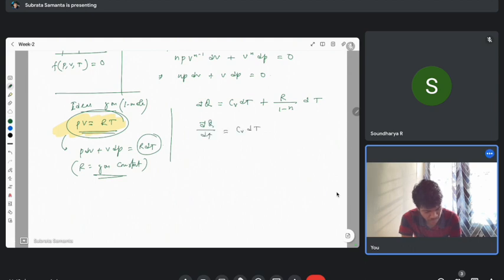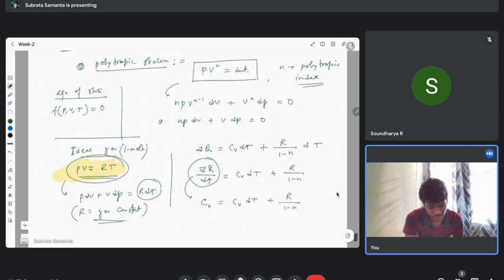This is nothing but Cv plus R by 1 minus n. What is this quantity? This is the specific heat, not at constant volume or constant temperature, but in general the specific heat C. We denote it Cn because it is for the polytropic process. For a particular process and polytropic index n, we denote it Cn. That does not mean this n is a constant n.